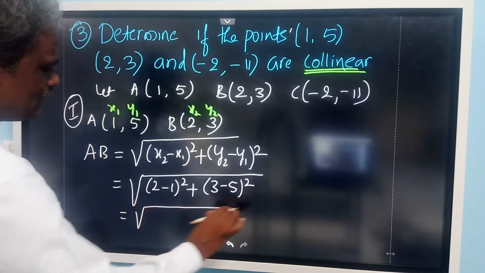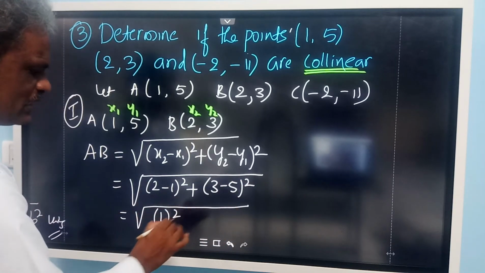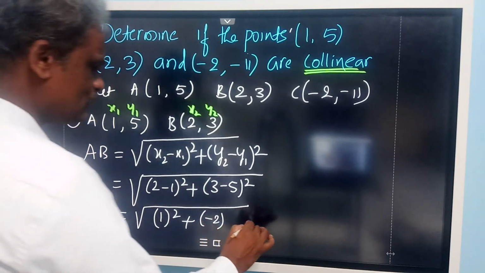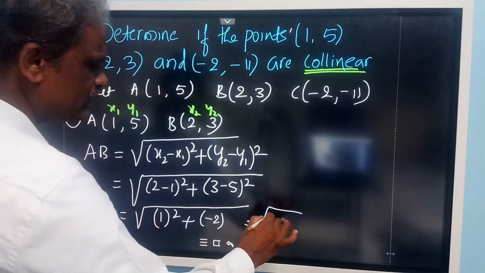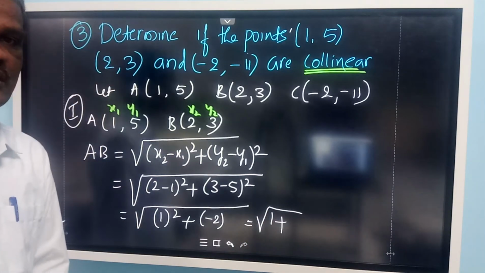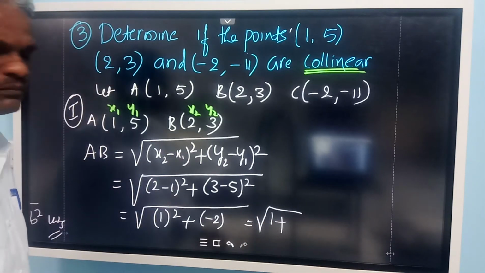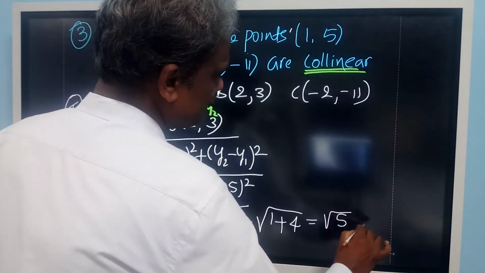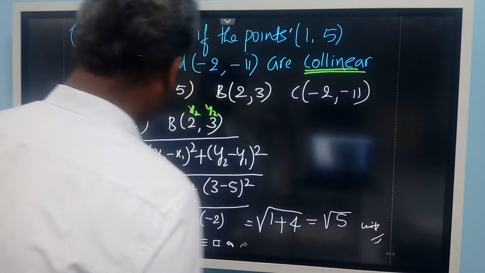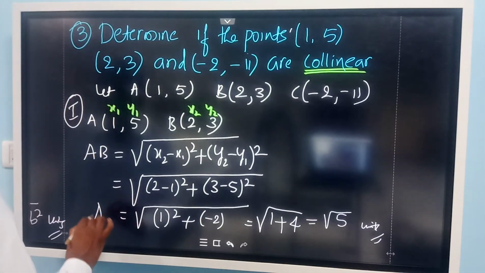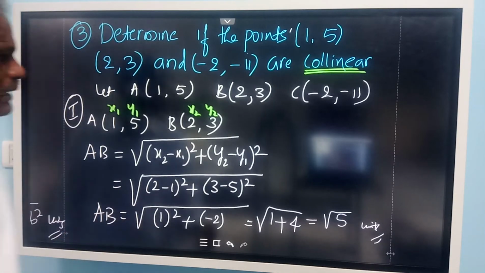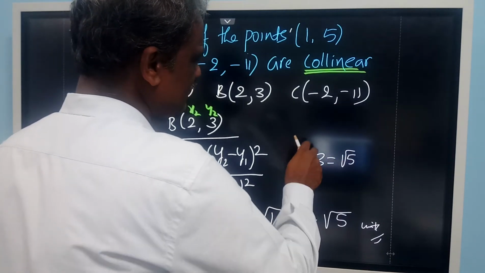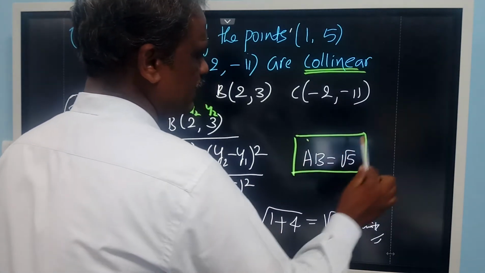Simplifying, 1 squared is 1, and minus 2 whole square is 4. So it is root of 1 plus 4, that is root 5 units. You get the distance AB as root 5 units. This is the first one.